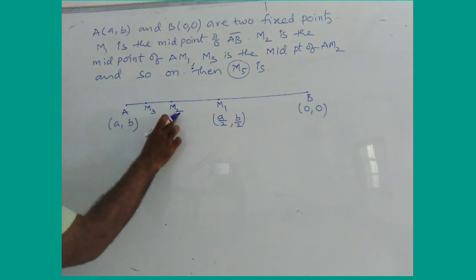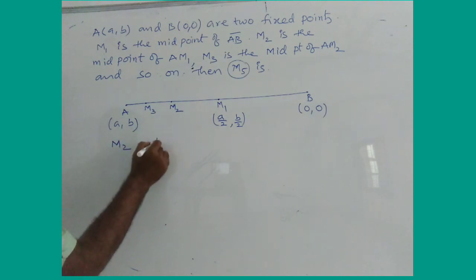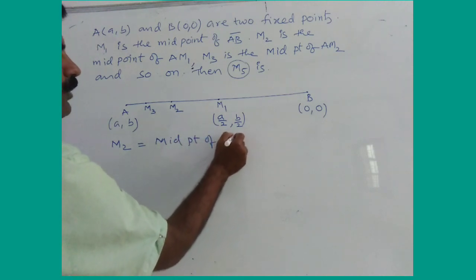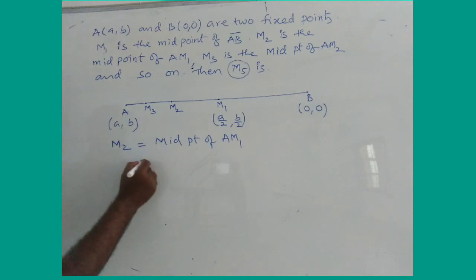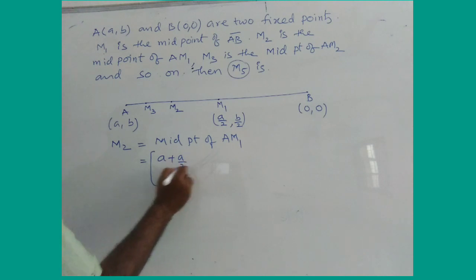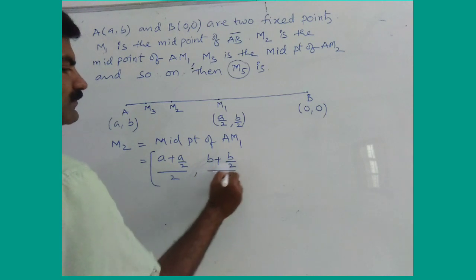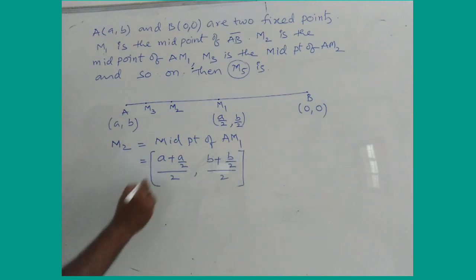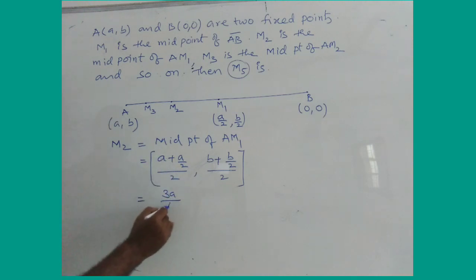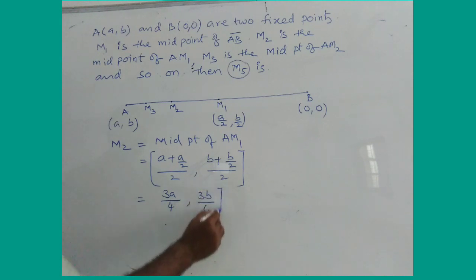Now I want M2, which is nothing but the midpoint of AM1. So let us find (a plus a/2)/2, comma (b plus b/2)/2, which equals (2a plus a)/4, so 3a/4, comma 3b/4.